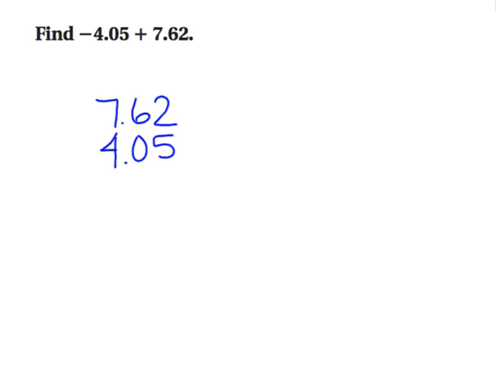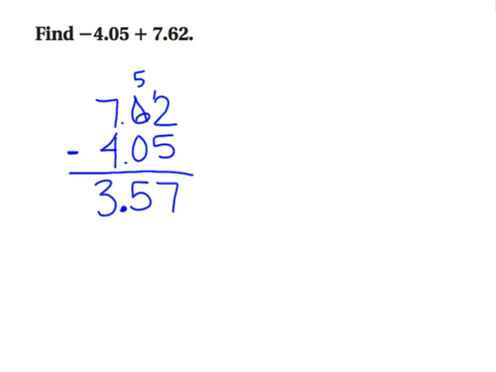So I just rewrote the absolute value of each of those. I put the 4 5/100 below 7 62/100 so that I can subtract the digits. We will need to borrow for this one. And then my decimal is going to drop straight down right here.